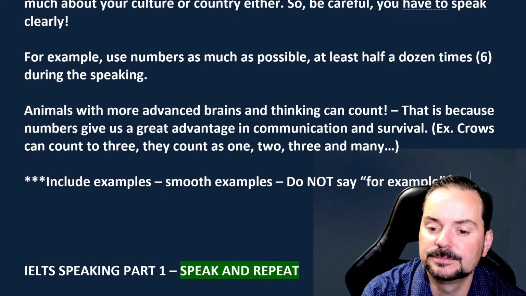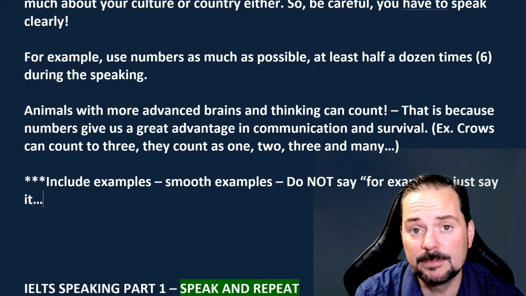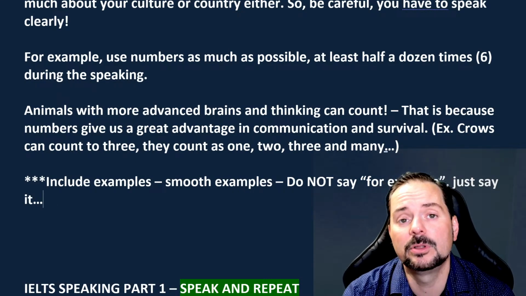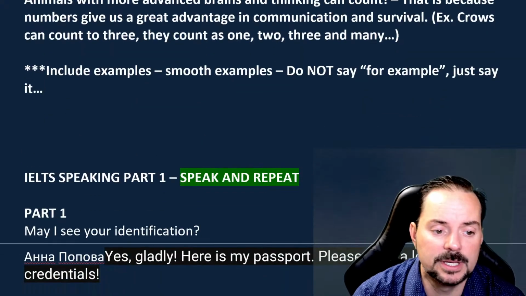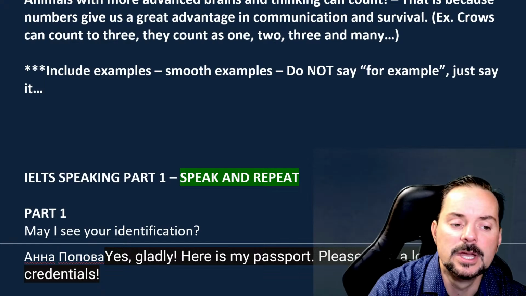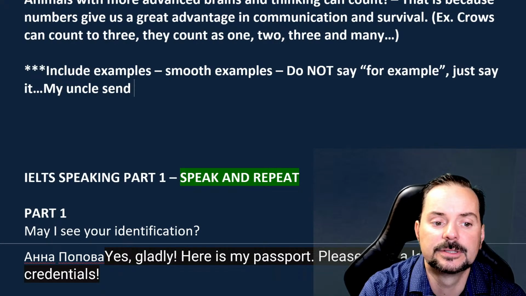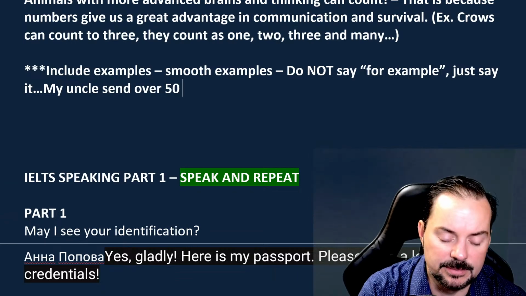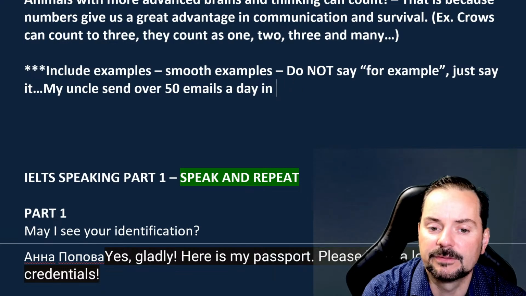When the example is good, it's clear that it's an example. The examiner does not have time to interrupt you thinking you're going off topic or you're going into a long-winded story. So you can say, my uncle sends over 50 emails a day in his accounting firm.